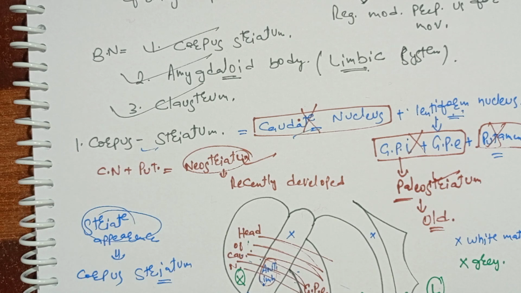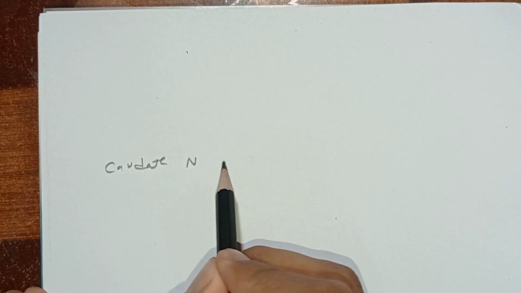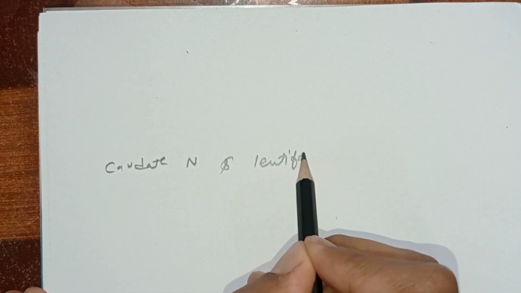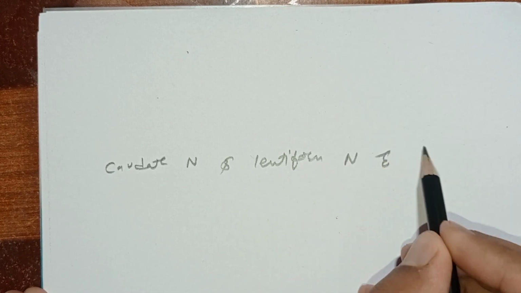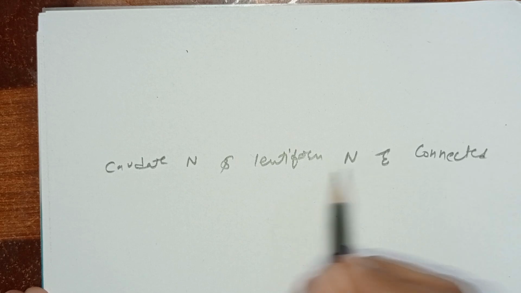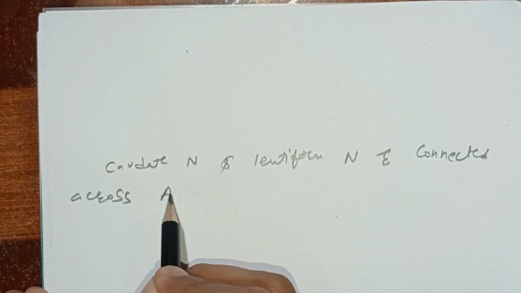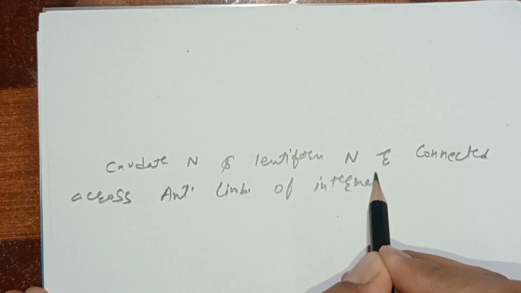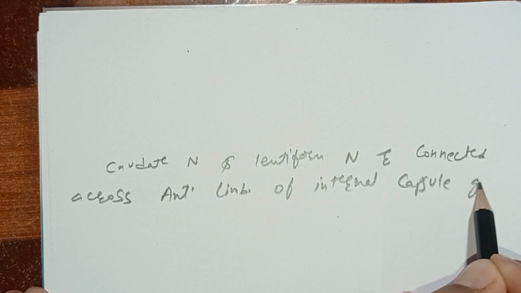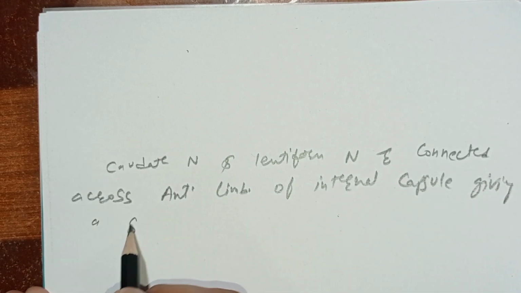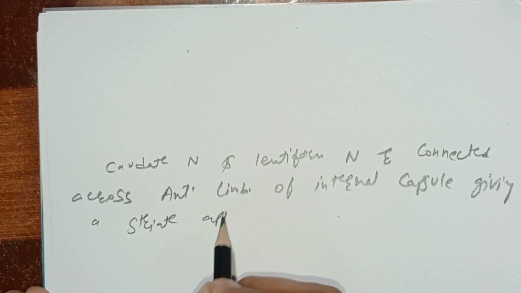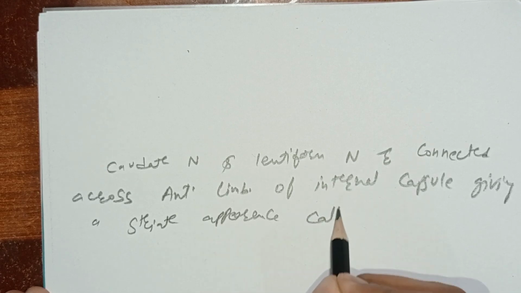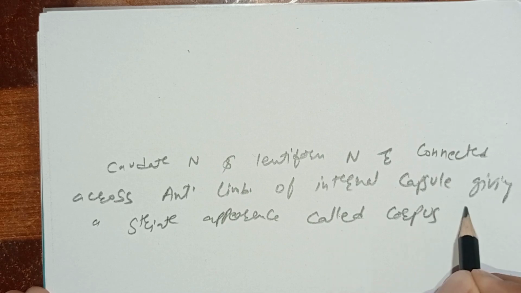Thank you very much. That statement I told you clearly, I will write that statement. Caudate nucleus and lentiform nucleus are connected across the anterior limb of internal capsule, giving a striped appearance, called corpus striatum.